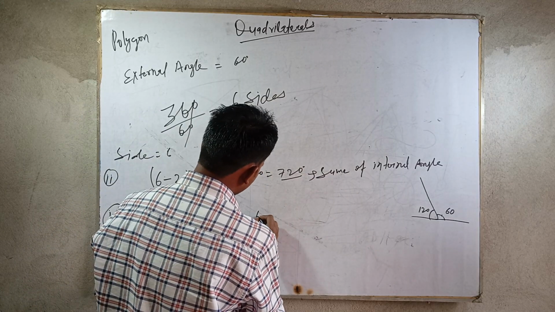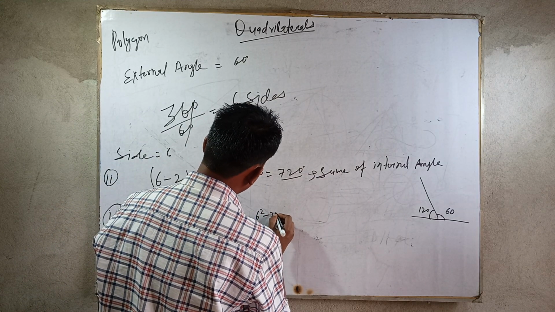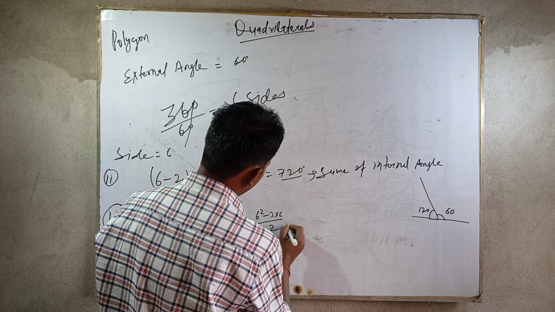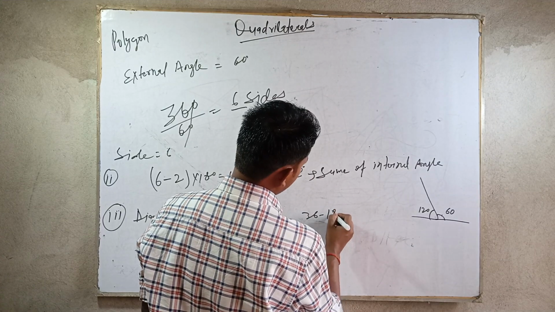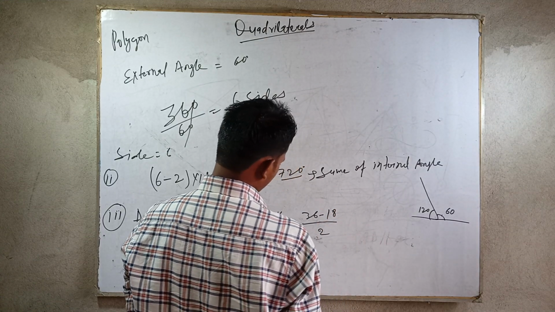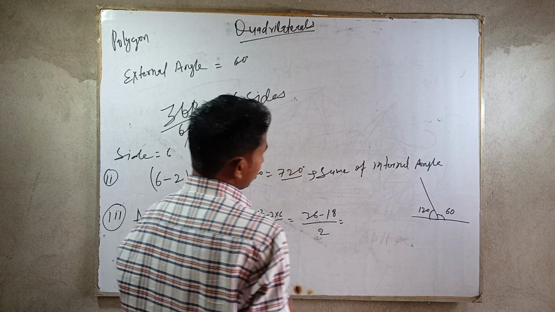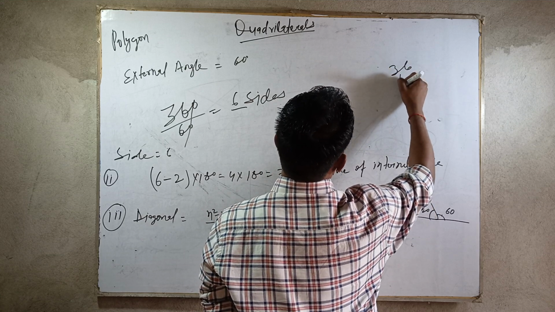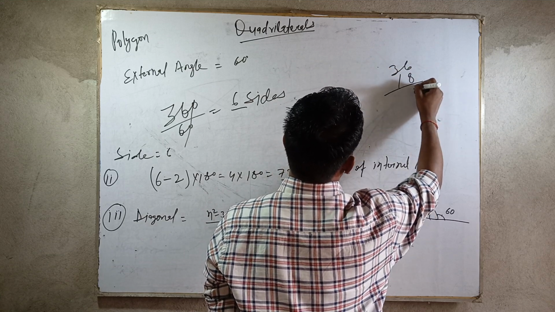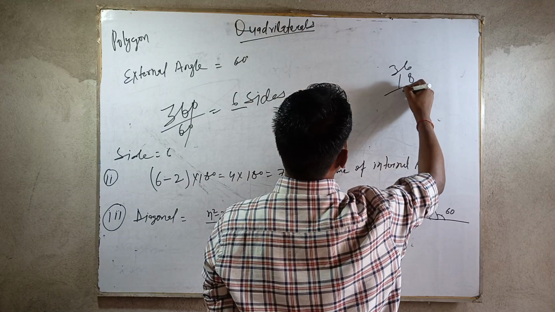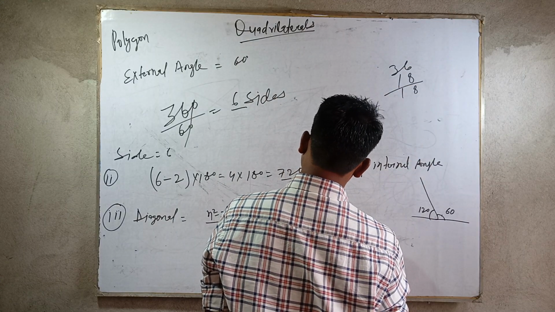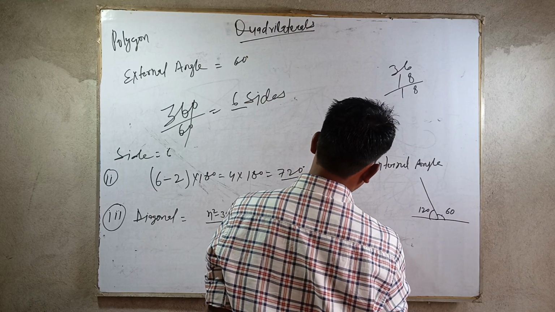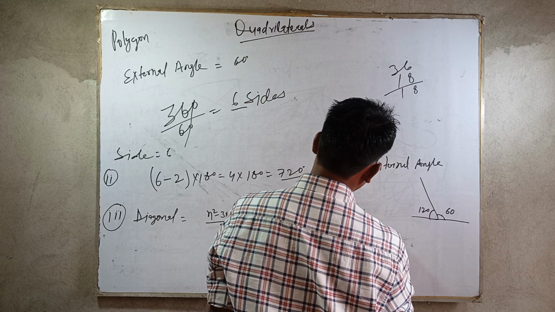Then it will be 6 squared minus 3 cross 6 by 2, so 36 minus 18 by 2. If I subtract 36 minus 18, I get 18 by 2, which I divide to get 6.